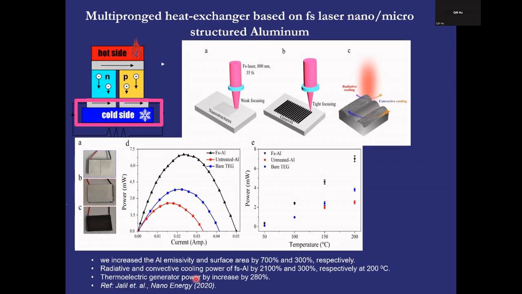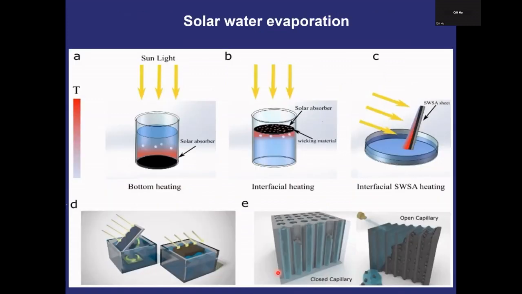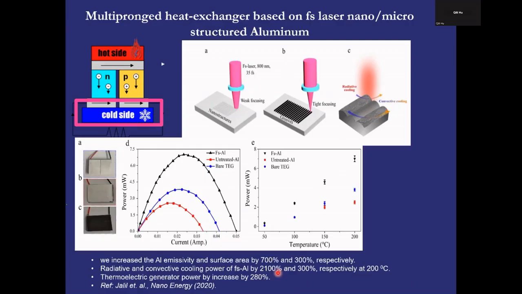And then we increase the radiative cooling power by 21 times, okay, not 2% or 20%, 21 times, and then 3 times respectively at 200 degrees. And then we increase the TEG output by putting this piece of radiator on the cold side. We increase it by almost three times. And again, here's the reference.